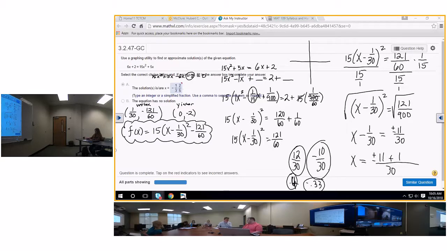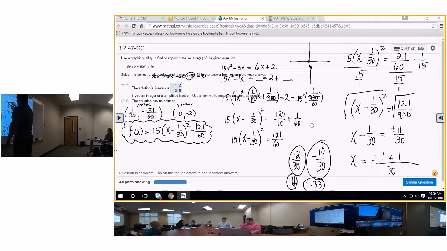So negative decimal, a positive decimal and a negative 2 would be down here, right there. And then my y-intercept is right there, 2. And then my negative 0.33 is right there, and my 0.4 is right there.